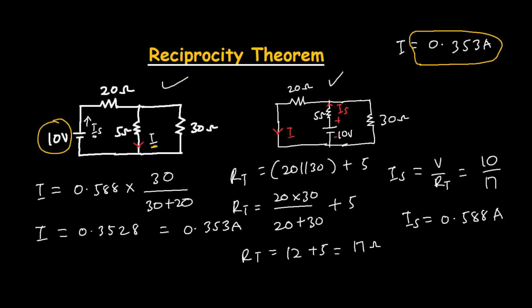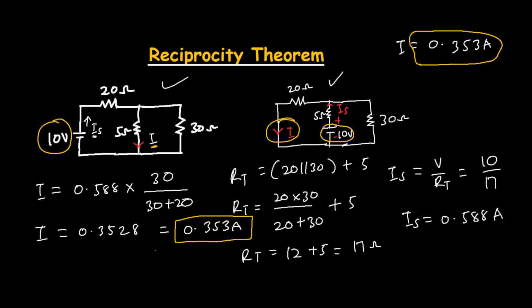And then after that we interchanged the positions, we got the 10 volts source here, and then got the current here, and we still got I equal to 0.353. So you see that even though we interchanged the positions of the voltage source and the current, the current value didn't change. We still got the same value for the current. So this is what the reciprocity theorem says.